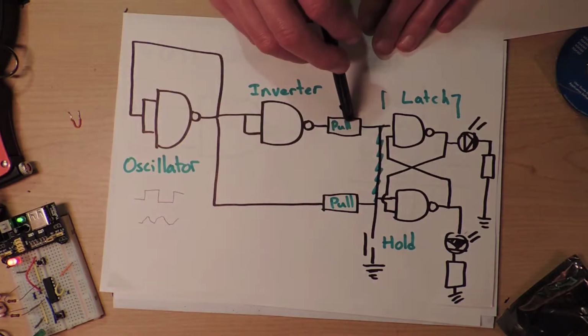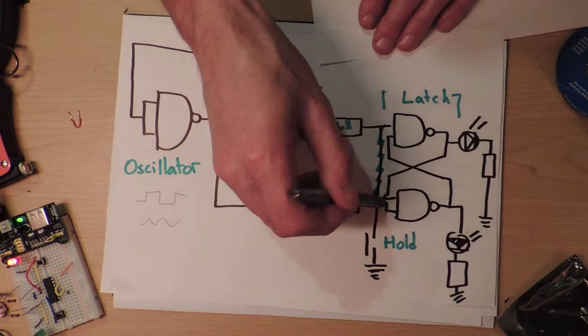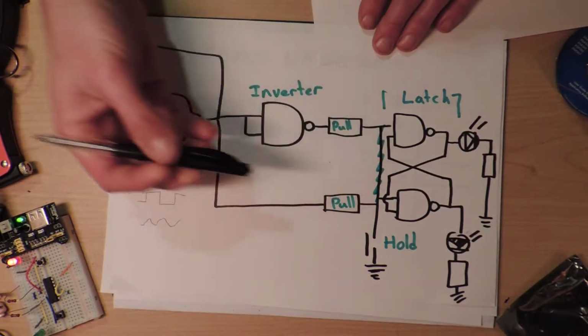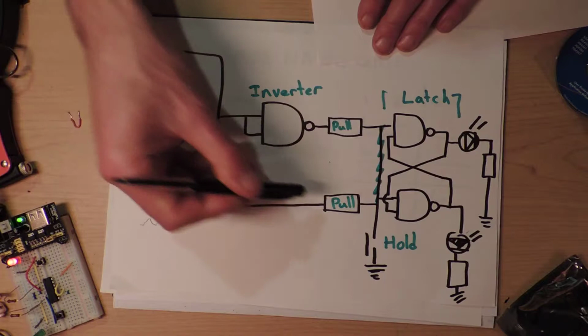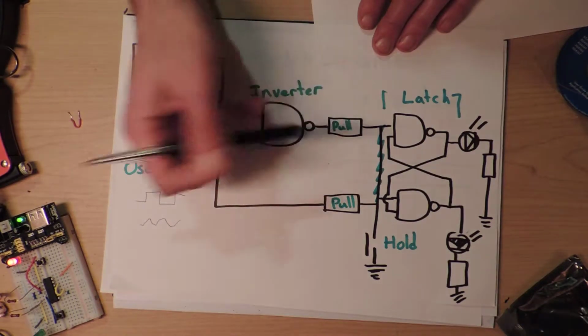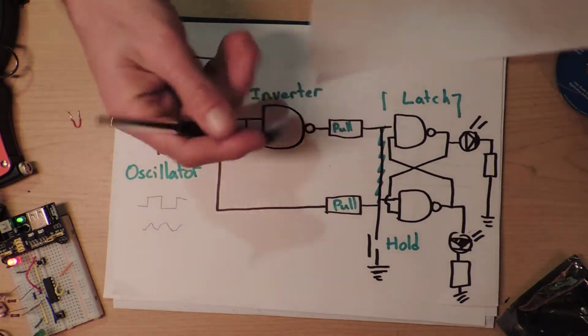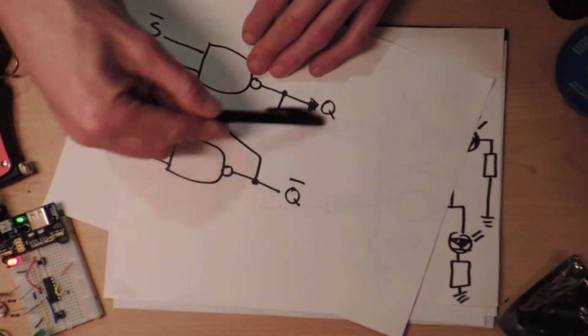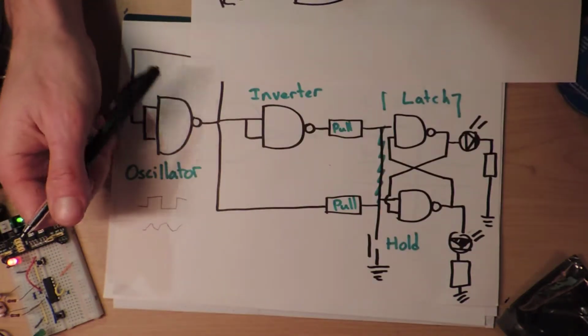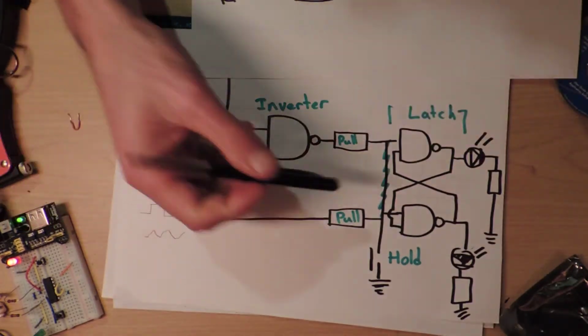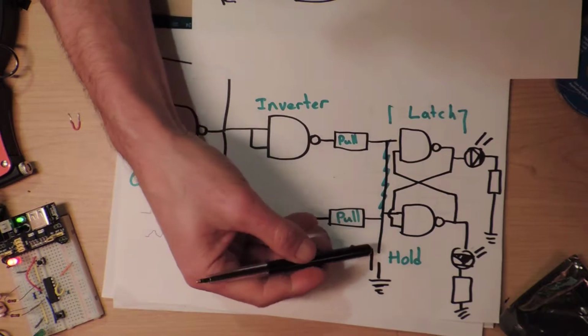So what did we have before? Low, low into here, and low. So if this is a low, this is a low, this is a high. And if this is a high, this is a high, and that is a low. So in both cases, they are valid states, and so they're going to switch the output backwards and forwards between here, which is kind of silly really, because you might just say, well, I could just read it off here. But what I want to try and do is override this.